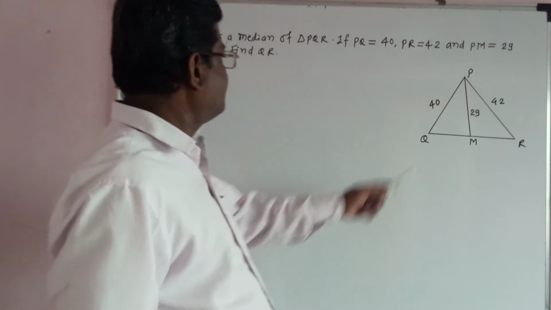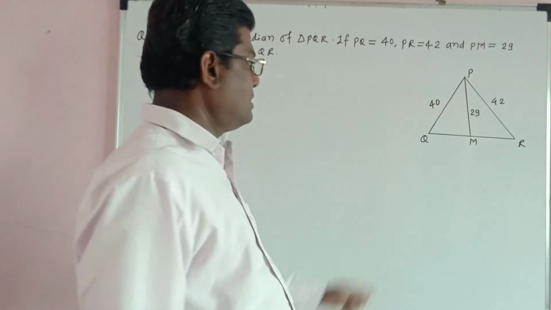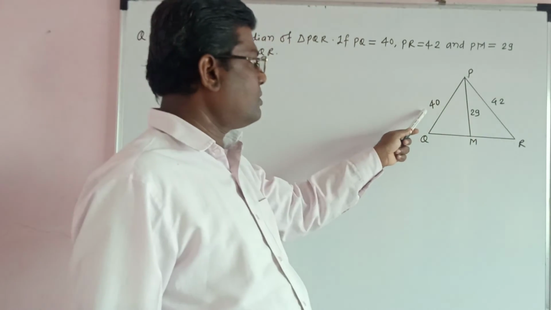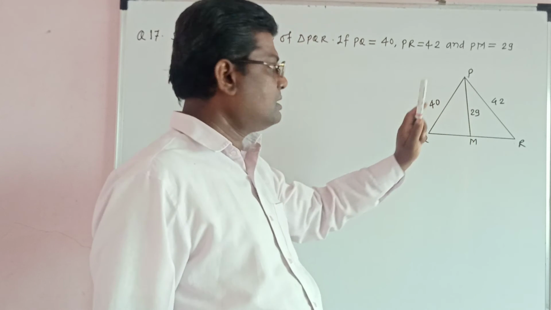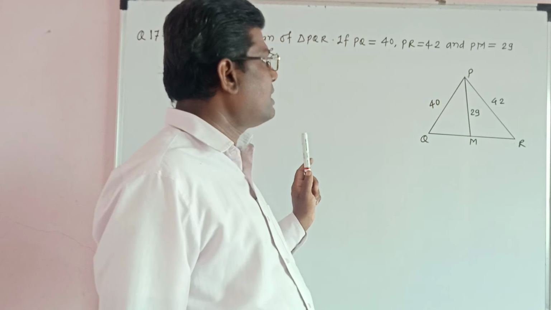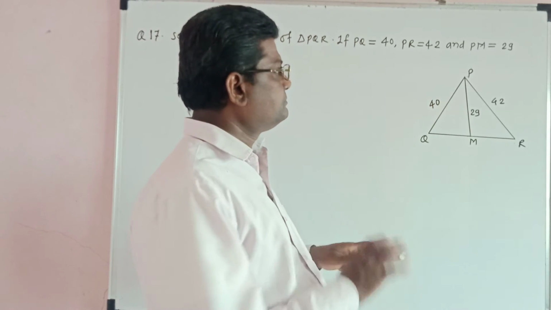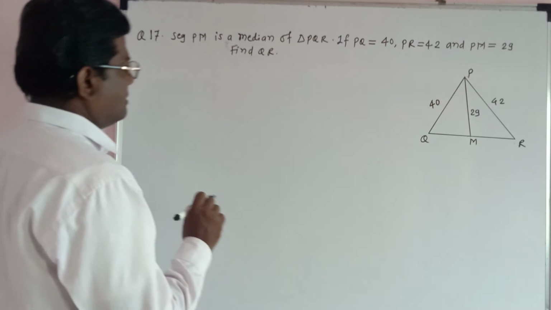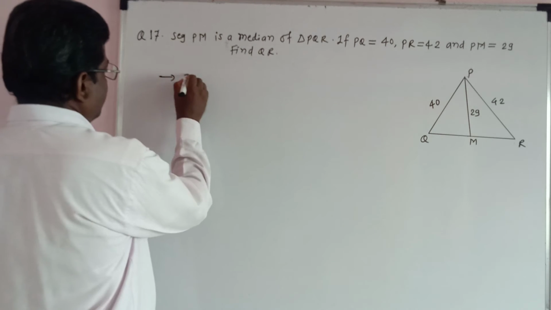Question number 17. Segment PM is the median of triangle PQR. PQ is equal to 40, PR is equal to 42, and PM is equal to 29. Find QR. Let's solve this example.